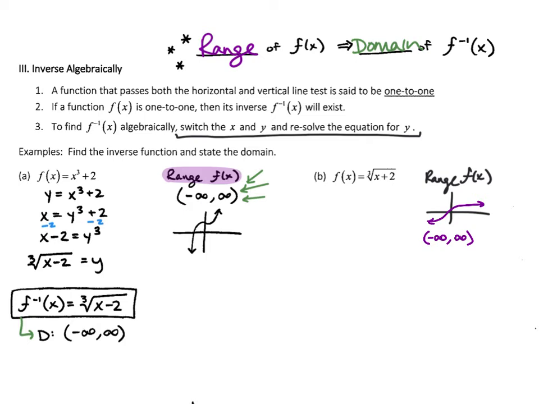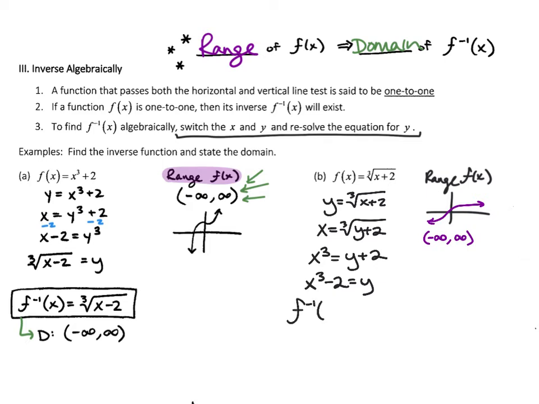Okay, but let's go ahead and switch these x's and y's so that we can see what the inverse function would be. So I'm going to have x equal to the cube root of y plus 2. I'm going to cube both sides to get rid of the cube root, and then subtract 2 from both sides to isolate the y. That means my inverse of f is x cubed minus 2.